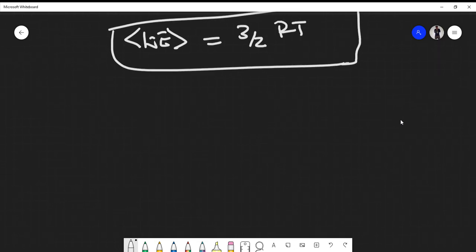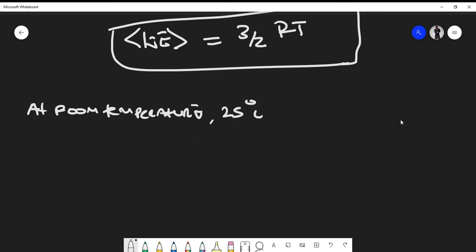So in other words, if we do an example, at room temperature, which is 25 degrees C, we could calculate the average kinetic energy.